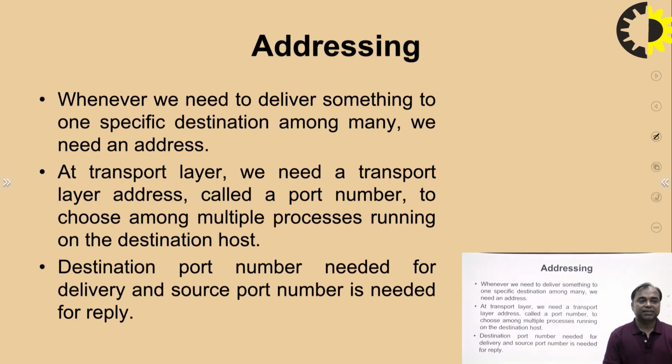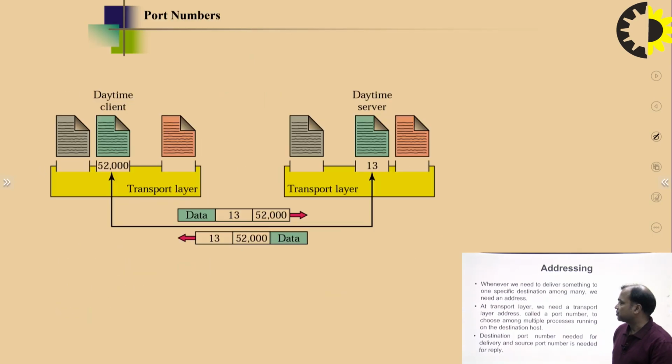This is the purpose of addressing. The destination port number is needed for the delivery, and the source port number is needed for the reply, that is, the acknowledgement sent from the destination port number to the source port number. The destination and source port numbers, along with the IP addresses of destination and source, are all very important, and this is all handled with the help of the addressing process.